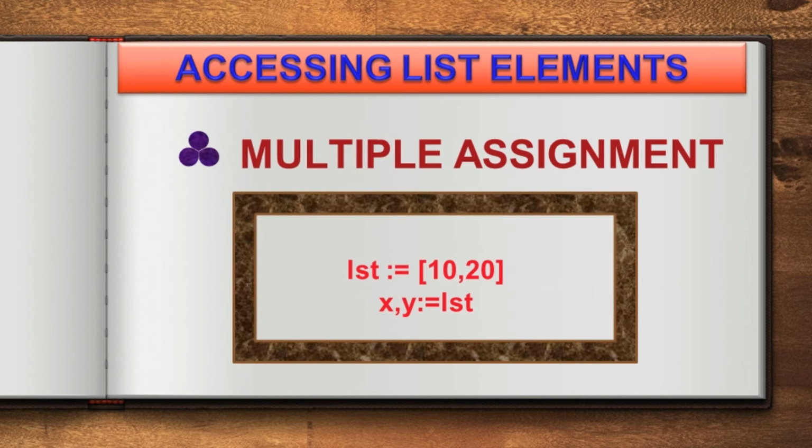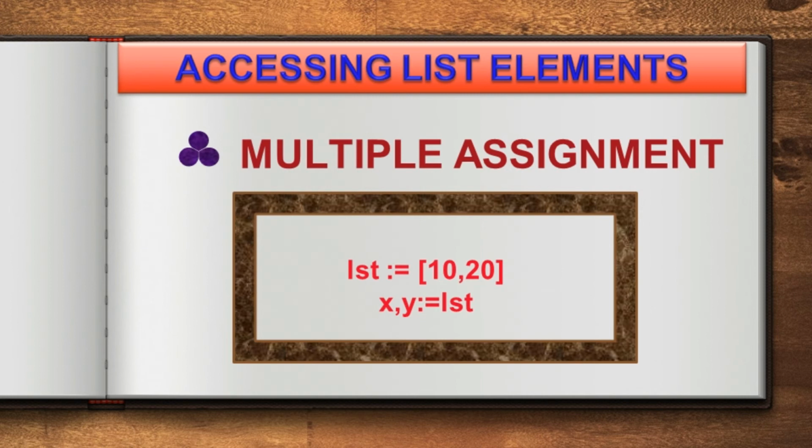The elements of a list can be accessed in two ways. The first one is multiple assignment, which unpacks a list into its elements and binds each element to a different name. The example is list equal to [10, 20].